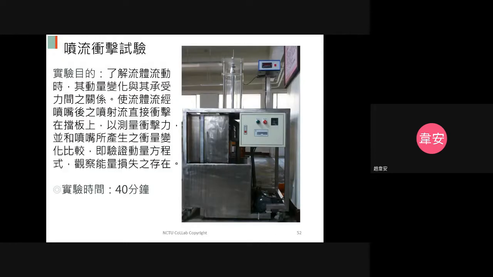So based on these chapters, next semester we will have a laboratory experiment related to the fluid jet.